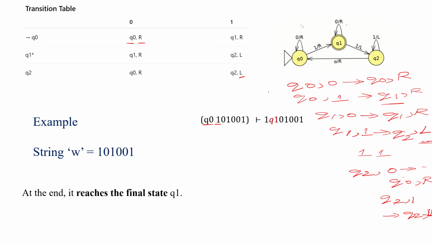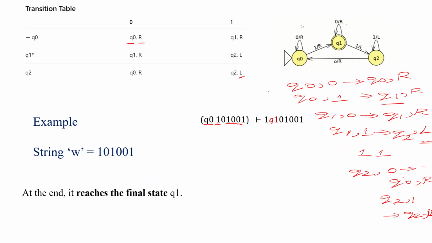The right-hand side direction means the head moves to the right after reading this 1. So you have to write 1, and after reading 1, we specify Q1. Then the remaining string is 0 1 0 0 1.